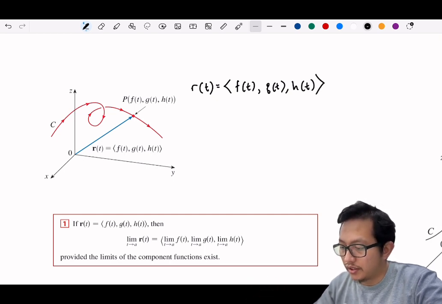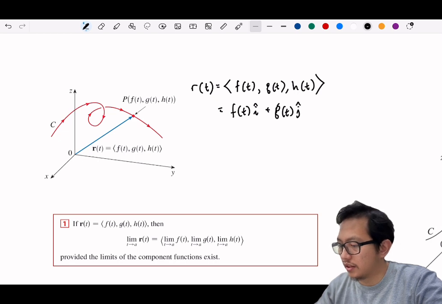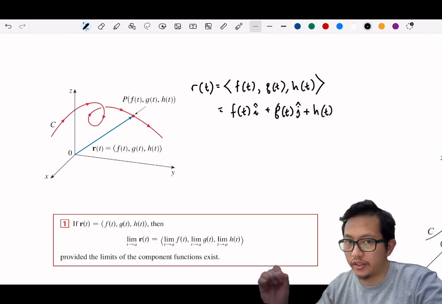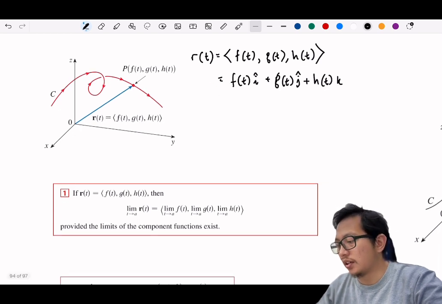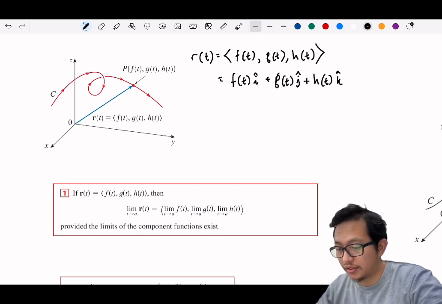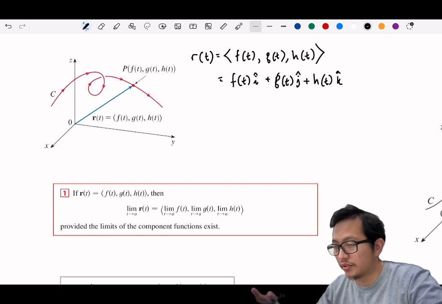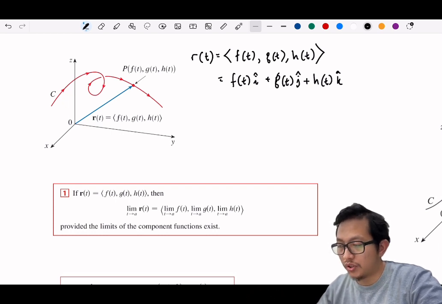Or we could write it as that. Then, for most of the techniques that we have in calculus, if we use them in space, in the multivariable calculus, we can replace the functions with vectors.